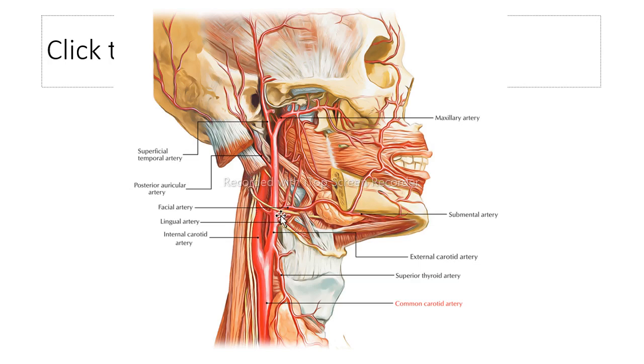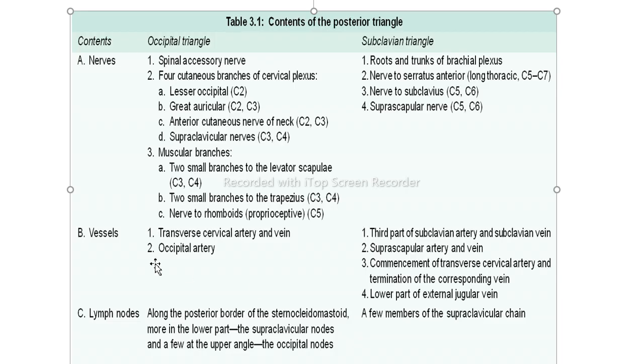The occipital artery goes upward posteriorly up to the occipital area. So be clear about the vessels: the transverse cervical artery and vein, the occipital artery, and lymph node. One more content remains, the spinal accessory nerve.